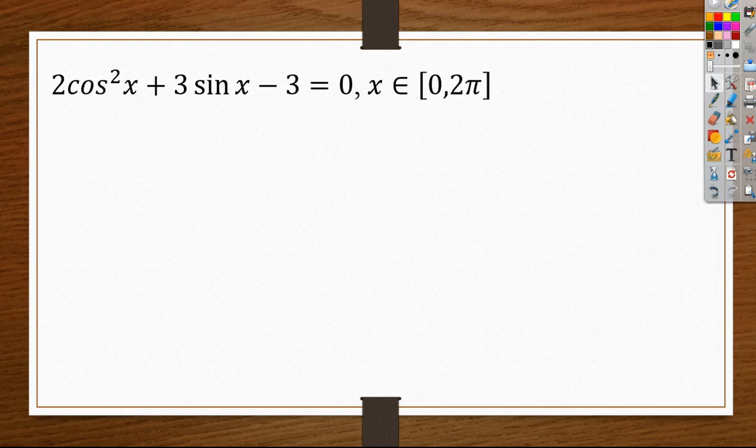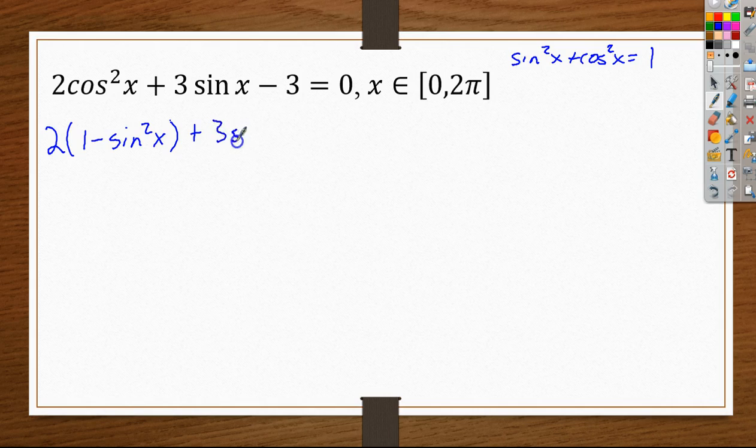I do know the Pythagorean identity: sine squared x plus cosine squared x is equal to 1. That means cosine squared x is equal to 1 minus sine squared x. So I can say 2 times 1 minus sine squared x plus 3 sine x minus 3 is now equal to 0.